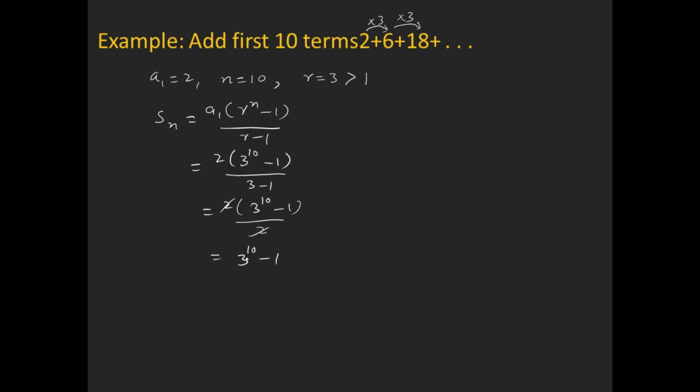If we calculate this by calculator, 3 exponent 10 minus 1, the answer is 59048. So this is the sum of the first 10 terms of this series.